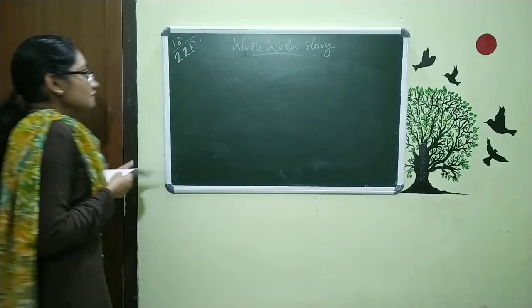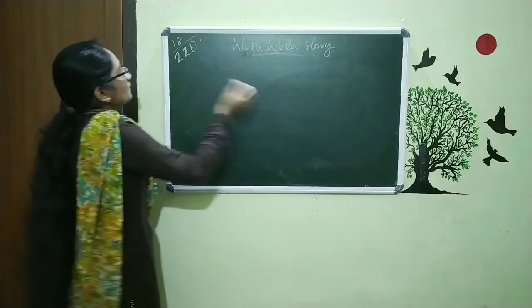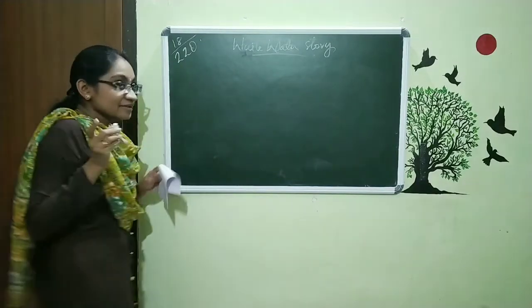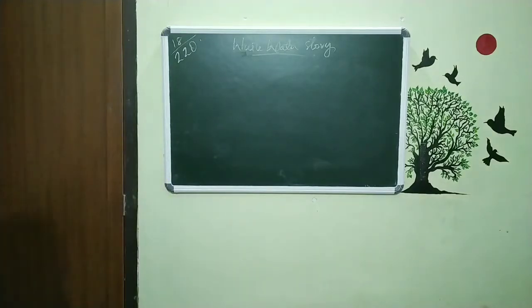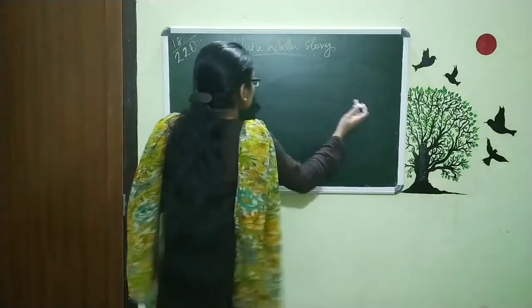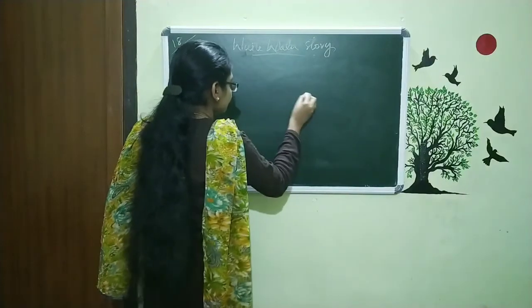So the first thing in your textbook, page number 220, you can see one thing is there. I hope the page number, yes, it is 220, and the diagram is this. You just want to complete this.